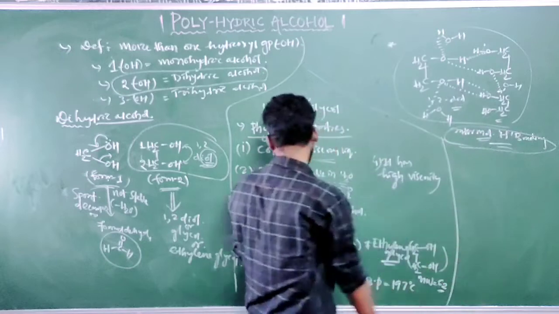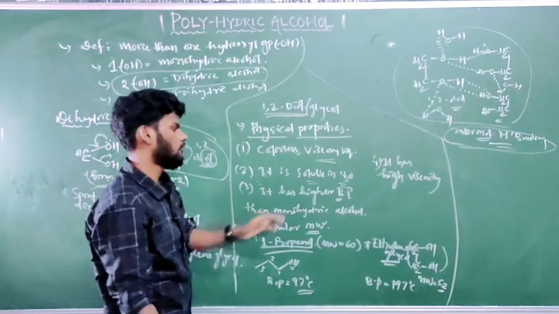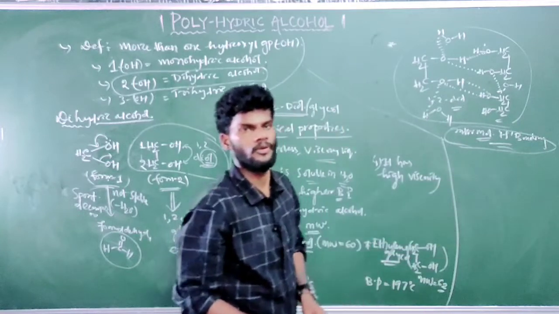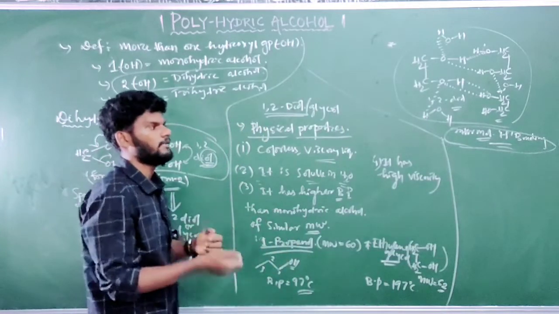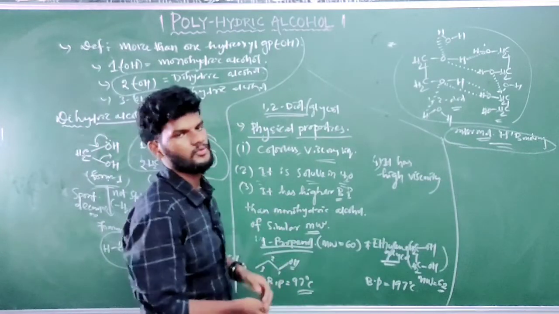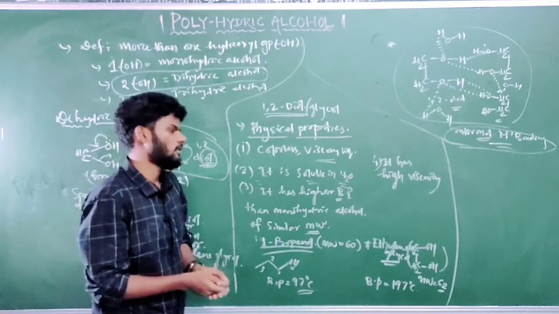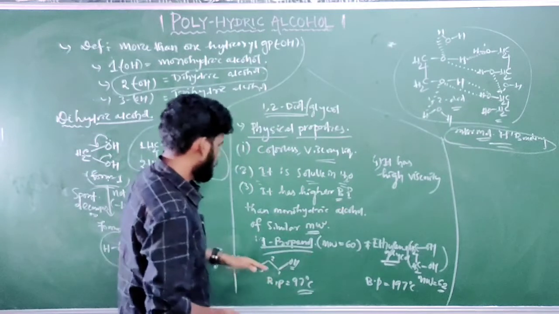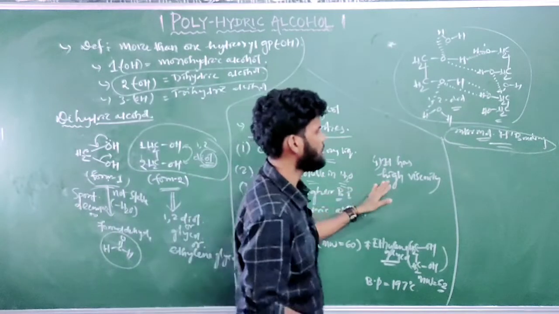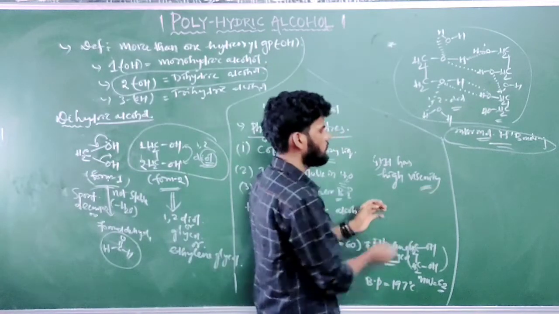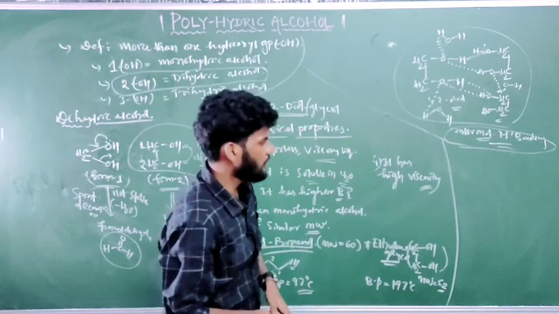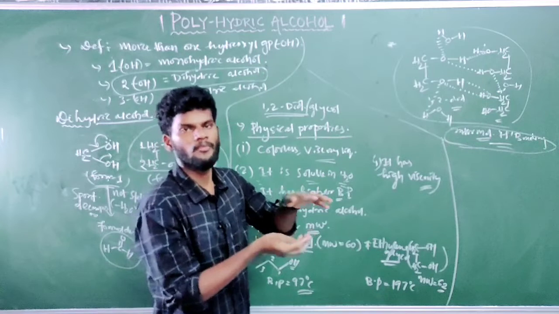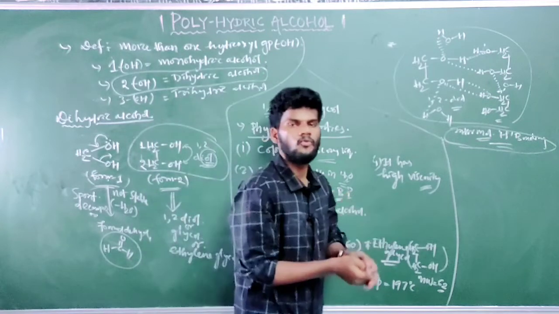In the third point, it has a higher boiling point. The reason is also the same, intermolecular hydrogen bonding. If there is more hydrogen bonding, then it will be difficult to break the molecules apart. That is why it has a higher boiling point. Coming to point number 4, it has high viscosity. What do you mean by viscosity? Viscosity is the force of friction between two liquid layers moving relative to one another.